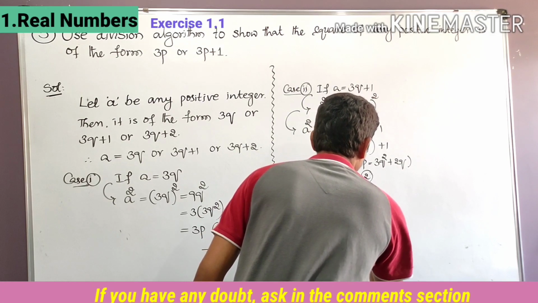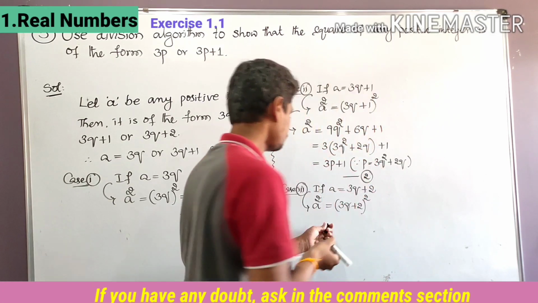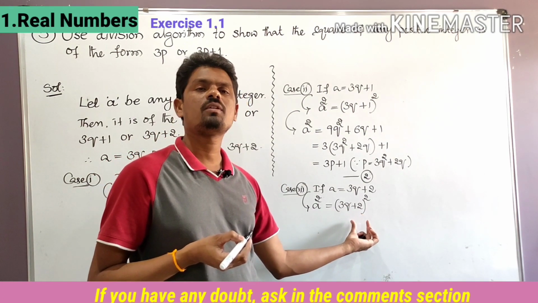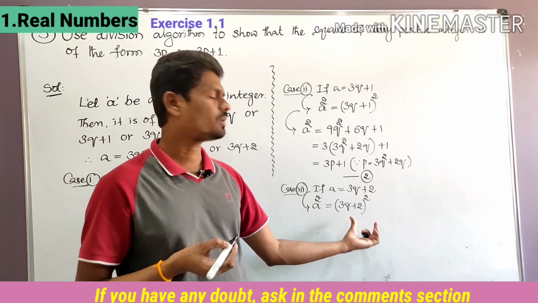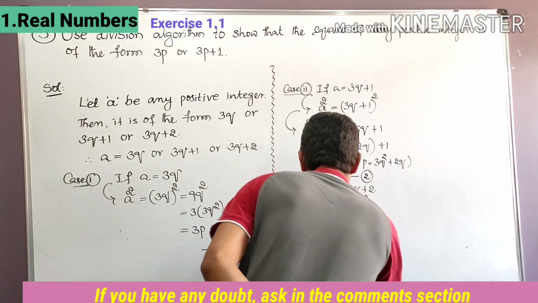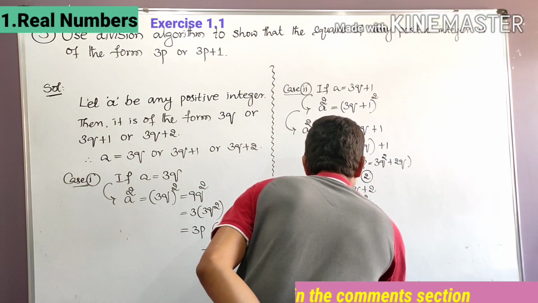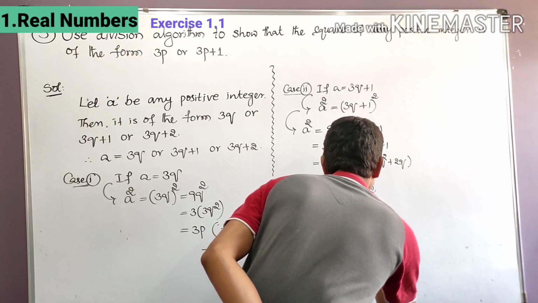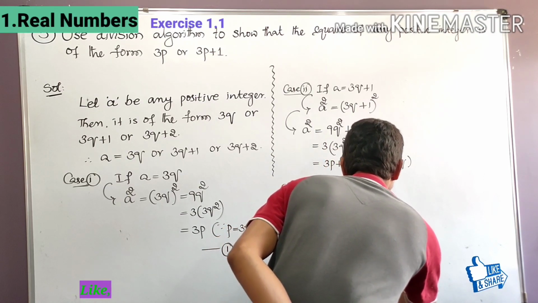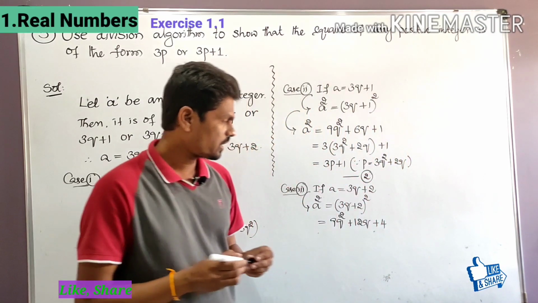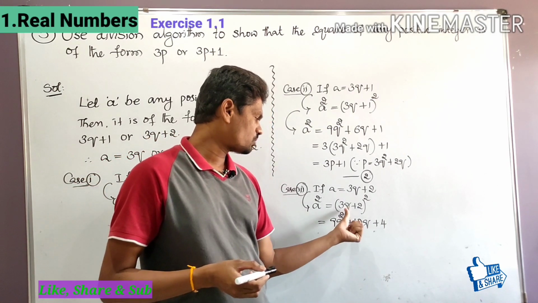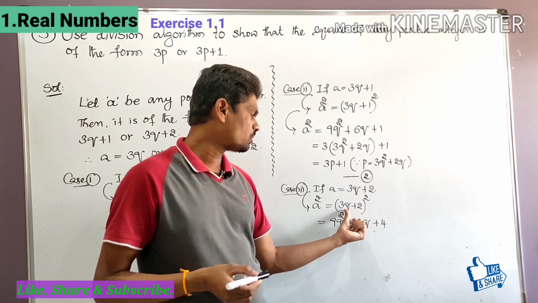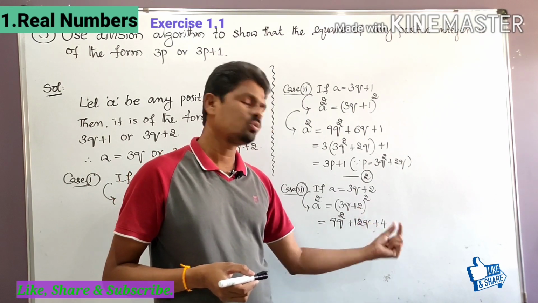Again it is in the form of a plus b whole square, so we expand using a square plus 2ab plus b square. a square is 3q whole square, that is 9q square; 2ab is 2 into 3q into 2, that is 12q; plus b square, 2 square, is 4.